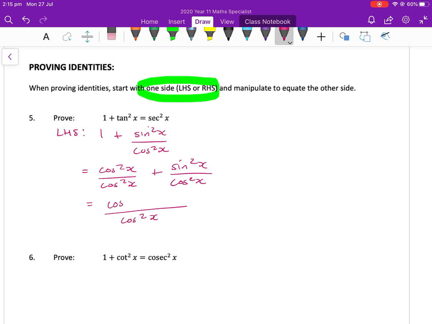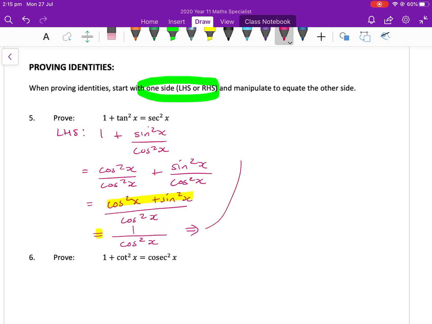So I've got cos squared x plus sine squared x. This looks very, very familiar. I know that this equals the original Pythagorean identity, which is going to make it 1 over cos squared x.